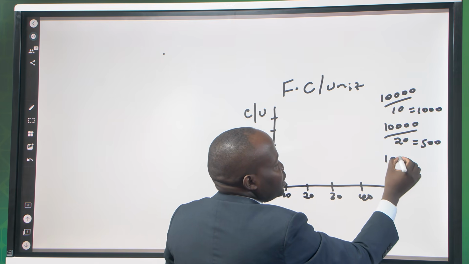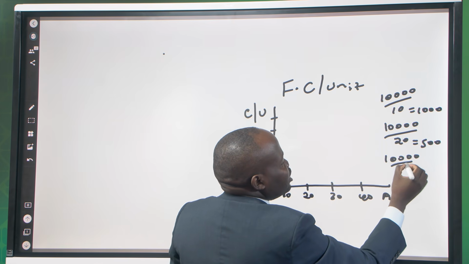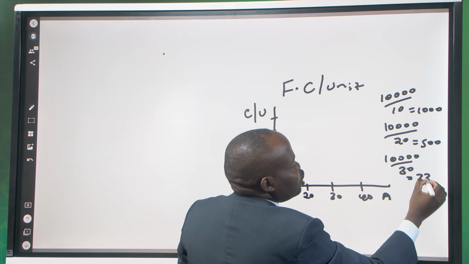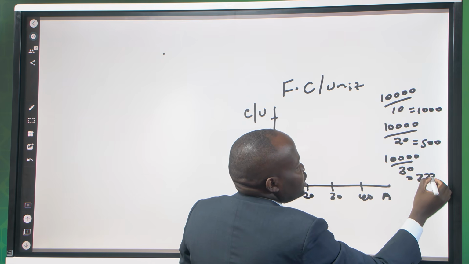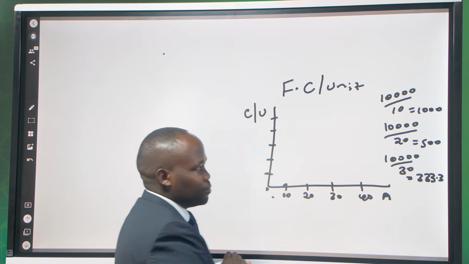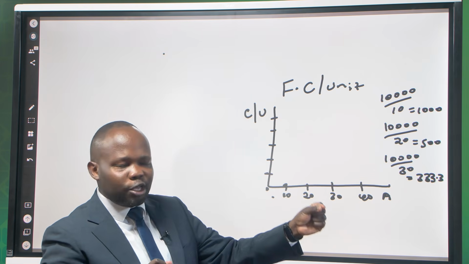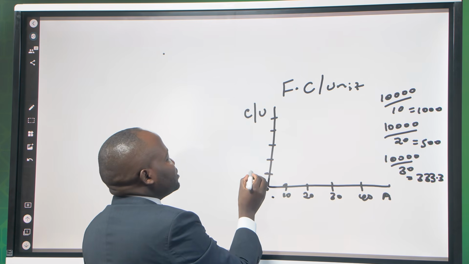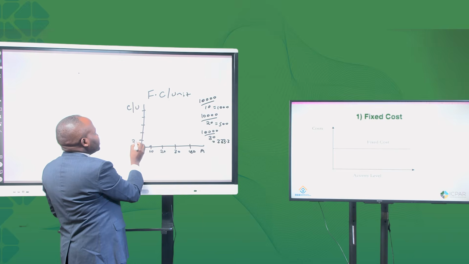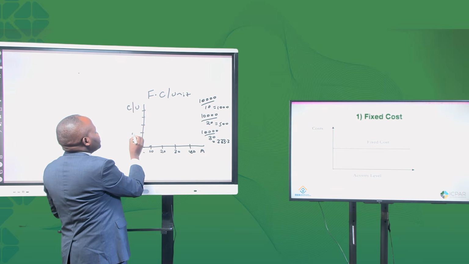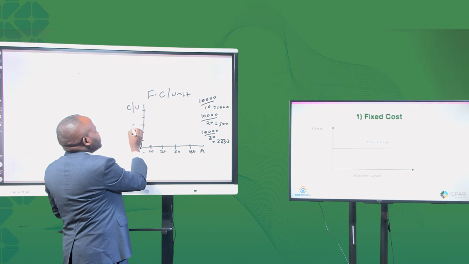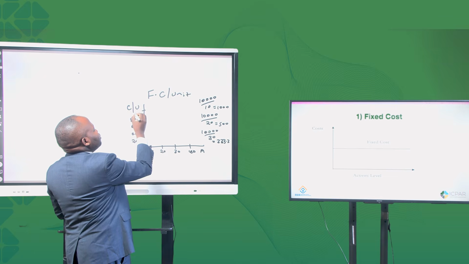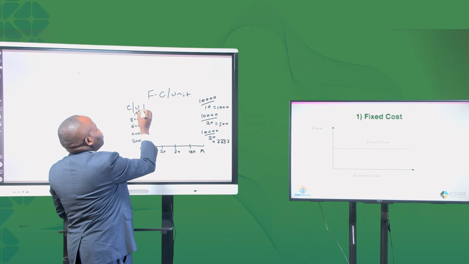If you produce 30 units, the fixed cost per unit becomes 333.33. As we produce more units, the fixed cost per unit comes down. So for example, on the y-axis we have 200, 400, 600, 800, or even 1,000.